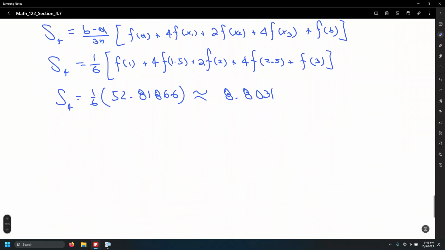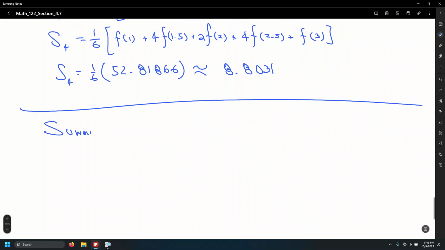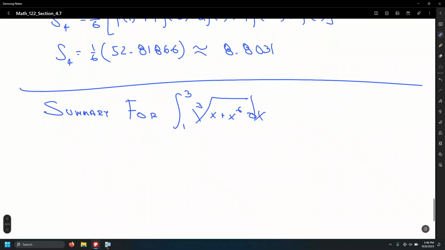How about we summarize the results? Okay, so summary, only for the integral from 1 to 3 of the cube root of x plus x to the 6 dx. Number 1, using the trapezoid rule.